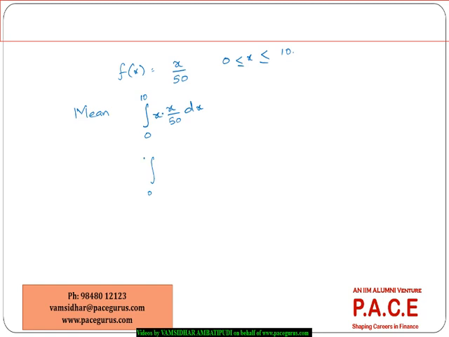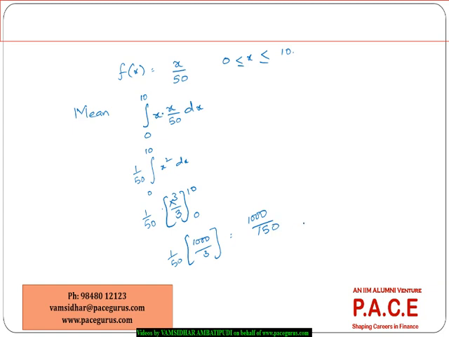So this works out as the integral from 0 to 10, taking the 1 by 50 out, of x squared dx. I know for x squared the integral is x cubed by 3, integrated between 10 and 0. 1 by 50 times 10 cubed by 3, which is 1000 by 3, works out as 1000 by 150.